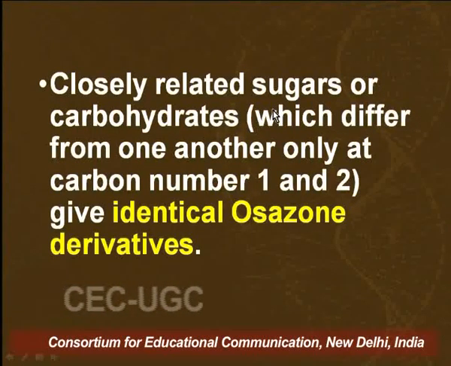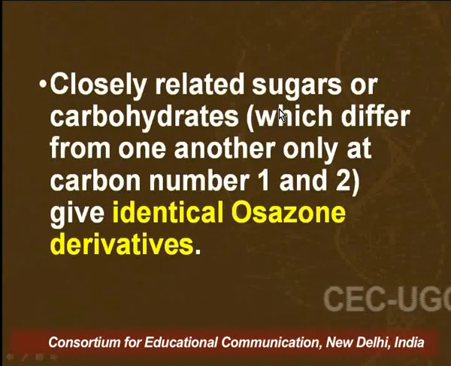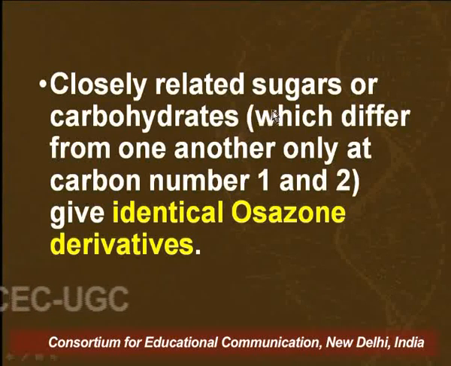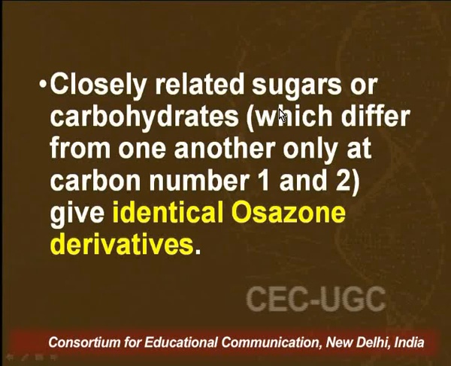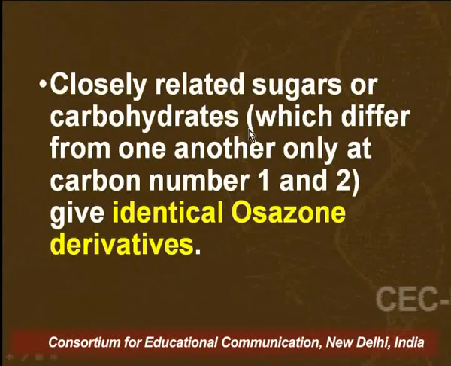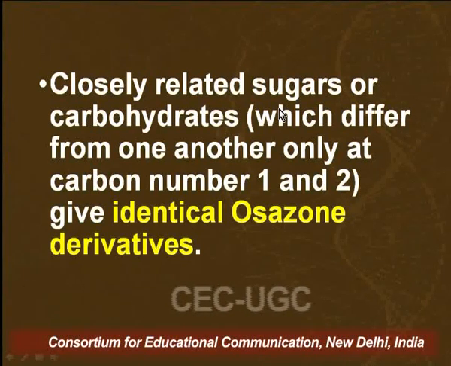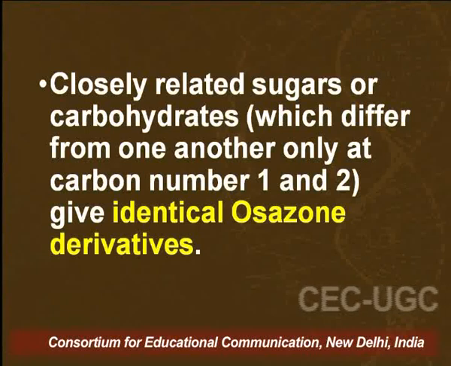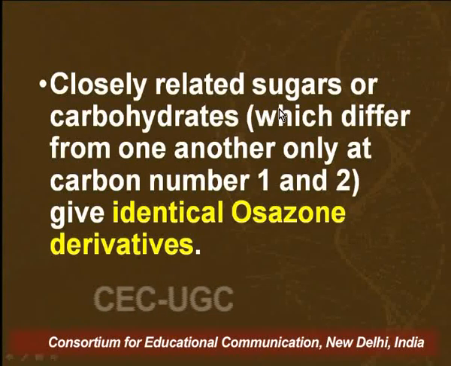Now the thing that we have to keep in mind is that sometimes they ask you a question that glucose and mannose give the same osazone, or glucose and fructose give the same osazone. As I have been stressing again and again, it is only the first two carbons, carbon number 1 and carbon number 2, which differ from one another, right?